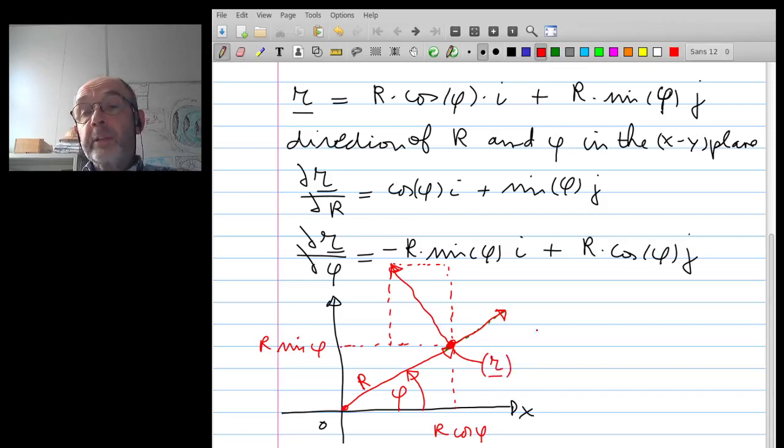And then you have here the r differentiated by the radius, and this vector here, the r differentiated by phi, that you have there.